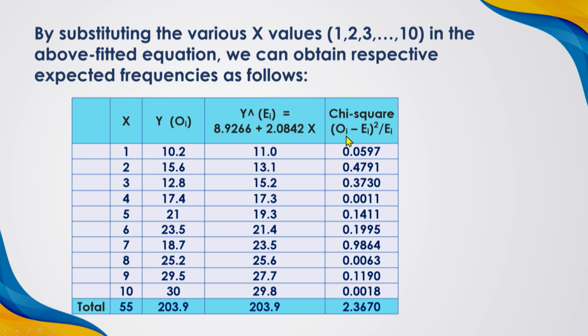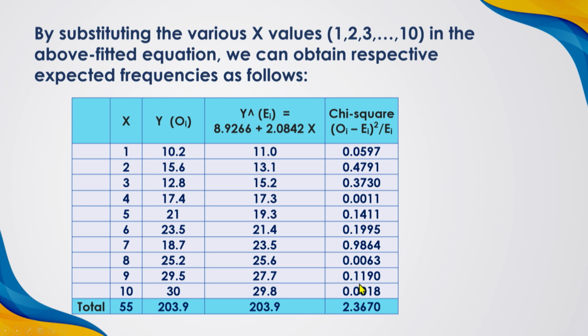Now we can apply the formula by substituting 10.2 minus 11.0 whole square divided by 11.0. You obtain the value 0.0597. Similarly, for 15.6 minus 13.1 whole square divided by 13.1, you obtain 0.4791.